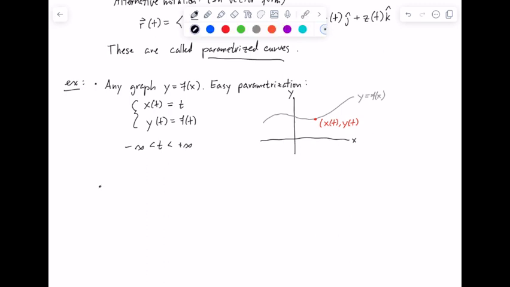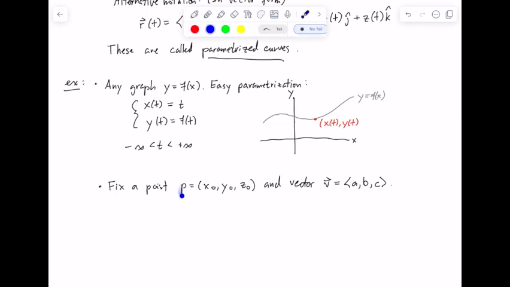Next, let's look at how we might parameterize lines. So fix a point P with coordinates x naught, y naught, z naught. And let's say you also have a vector v, which has components a, b, c. Now it's actually pretty simple to give a parametrization of the line that goes through this point P and travels in the direction of the vector v.